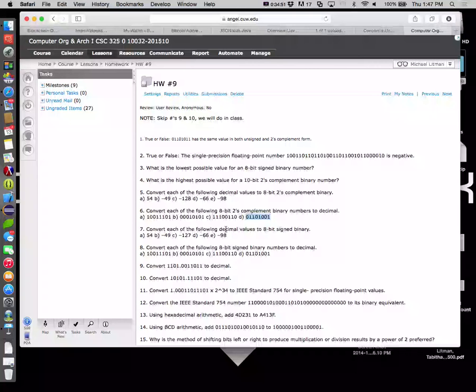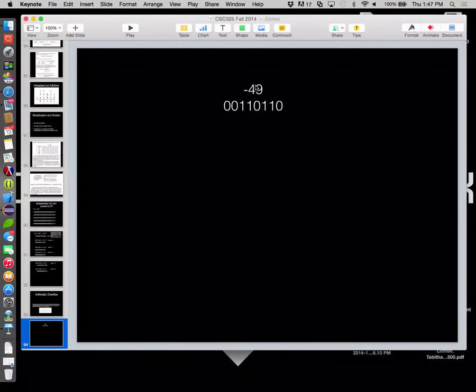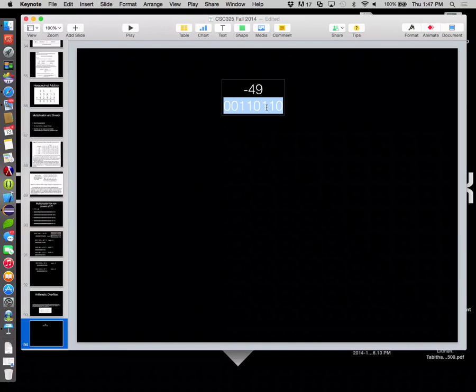So negative 49, we know it's going to be a negative number, so we're definitely going to have to encode it. So we're going to get 49 first. So that's 32 plus 16 is 48. 8, 4, 2, 1. Is that 49? 1s, 2s, 4s, 8s, 16s, 32. So that's 48 plus 1 is 49.